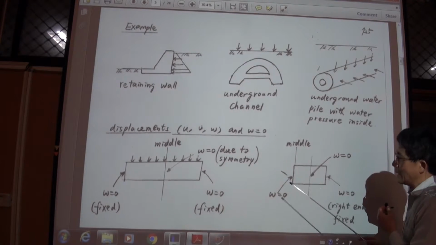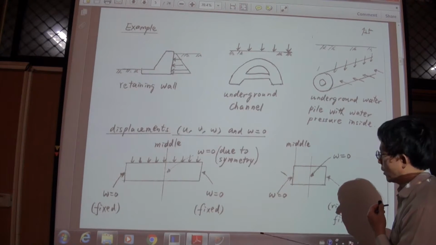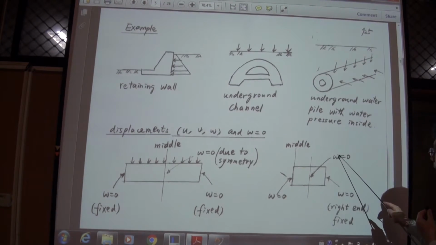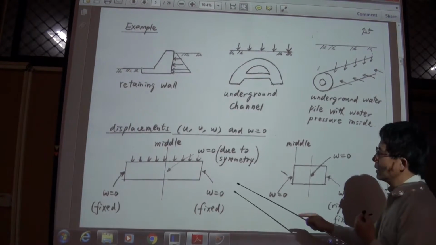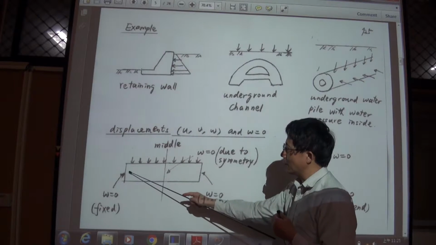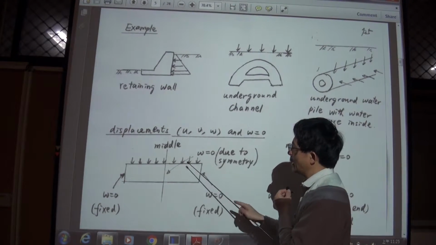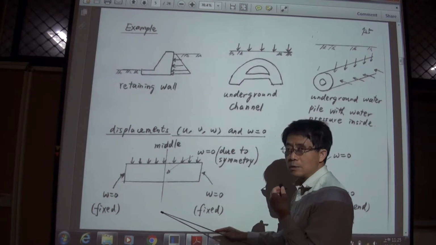See, in this procedure, we understand that we can have a lot of cross sections with W equals 0. Why? In the very beginning, we understand that W equals 0 here, and then we argue that W equals 0 here.